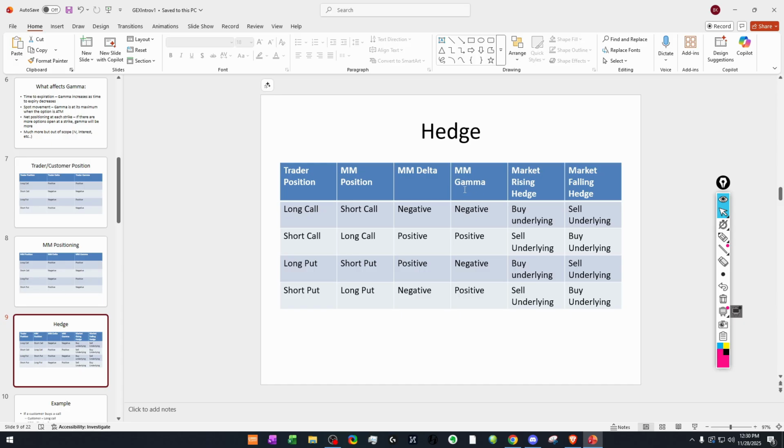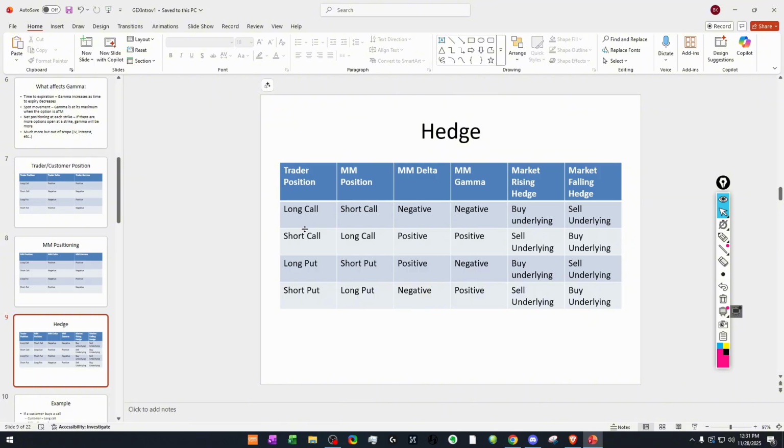So if they have a negative gamma position, as the market goes up, they need to hedge their delta by buying the underlying. So they buy ES futures as the market goes up. If the market starts to fall, because they have negative gamma, they will begin to sell the underlying, or sell ES futures, on the way down.